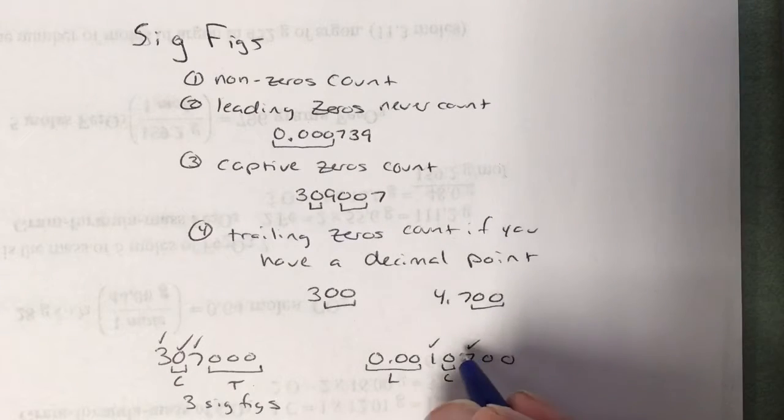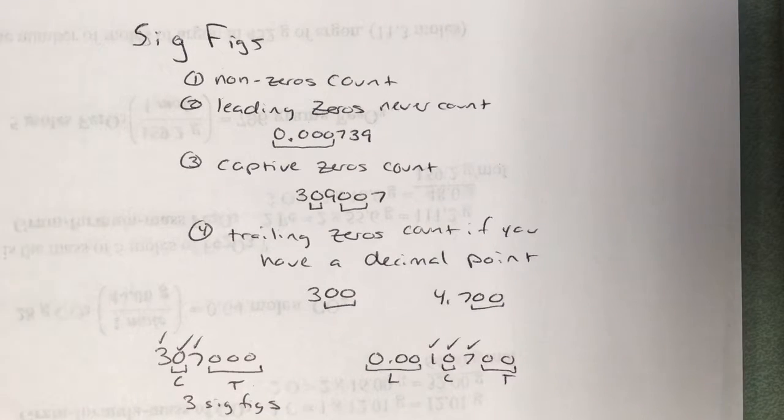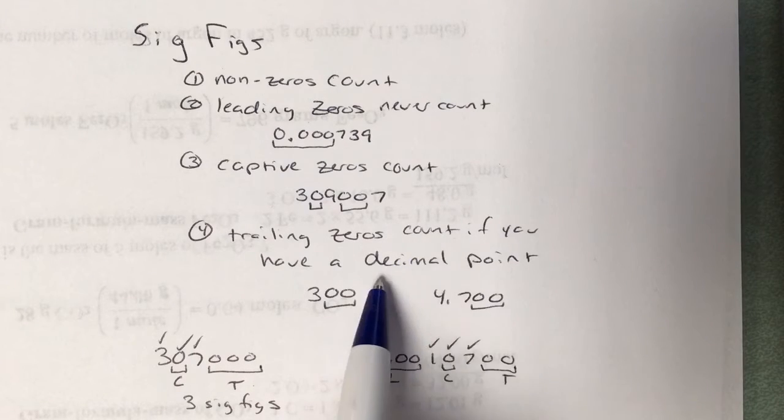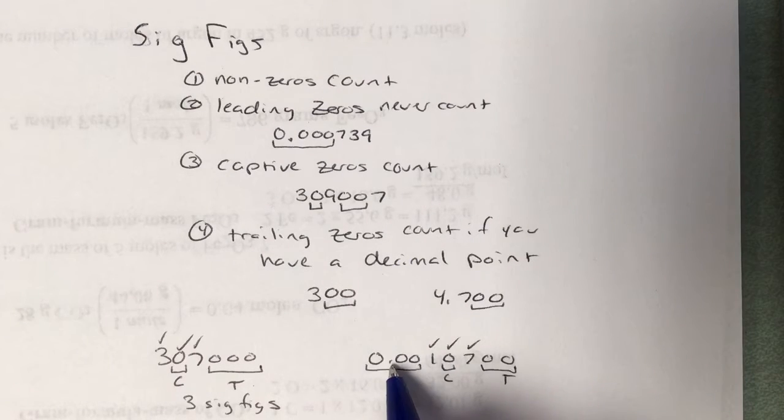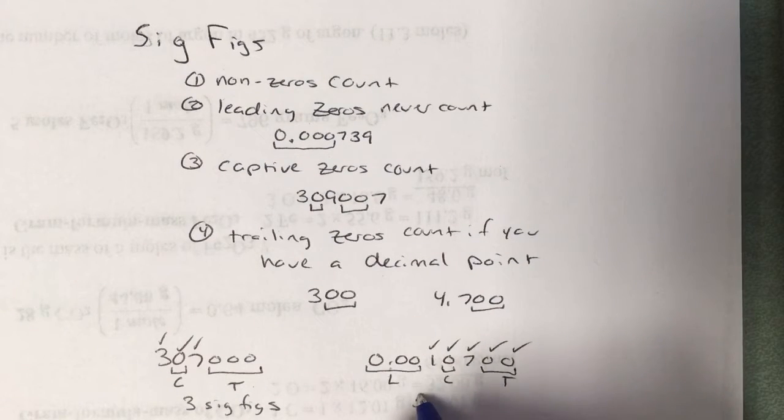And by rule, captive zeros count. And then those zeros, those are trailing. They come after the 7, the last non-zero. By rule, they count if you have a decimal point, and we have a decimal point right there. So they count. That number has 5 significant figures.